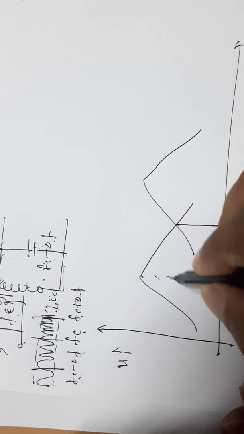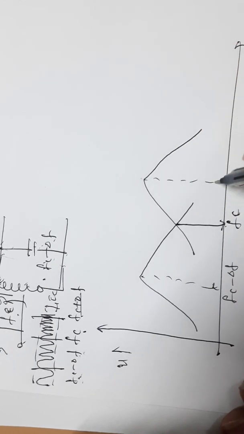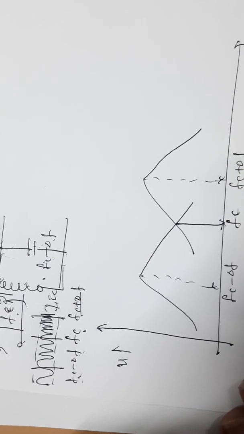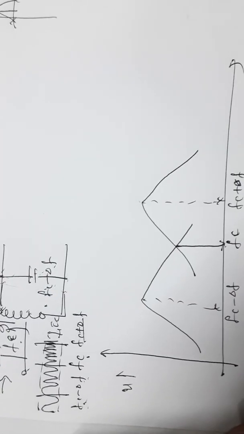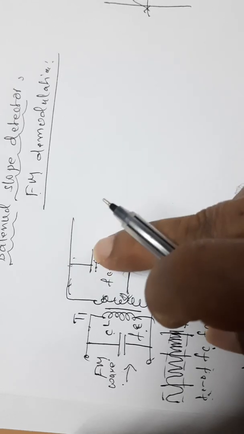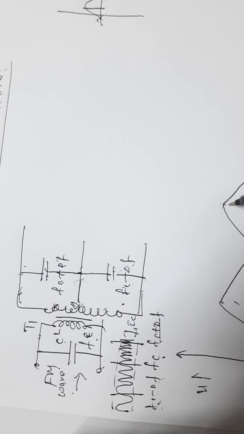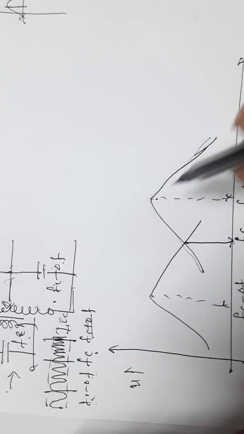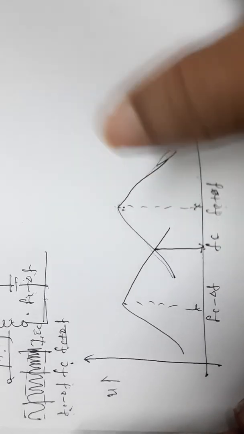To the left, call this Fc minus delta F. To the right, call this Fc plus delta F. So this is the characteristic curve for the upper transformer because it is tuned to Fc plus delta F. Therefore, the voltage is maximum only at Fc plus delta F, and below and above Fc plus delta F, the voltage decreases. That is the characteristic of a tank circuit.